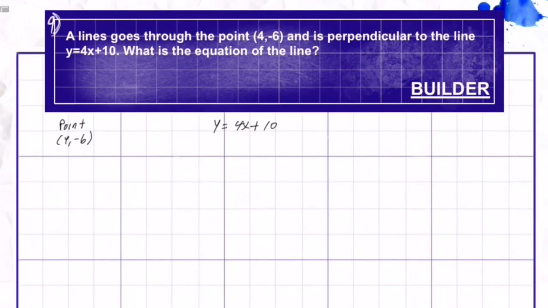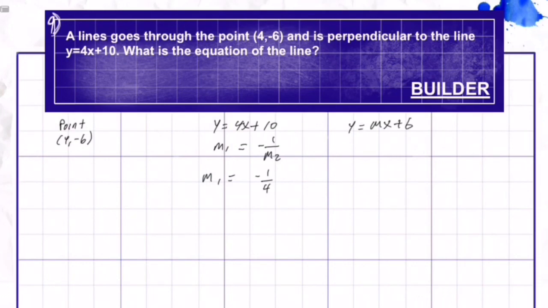As you can see, we had to find the perpendicular line, so we had to use the inverse of the slope that we already have. So substituting, we had a minus 1/4. That is the slope of the perpendicular line.